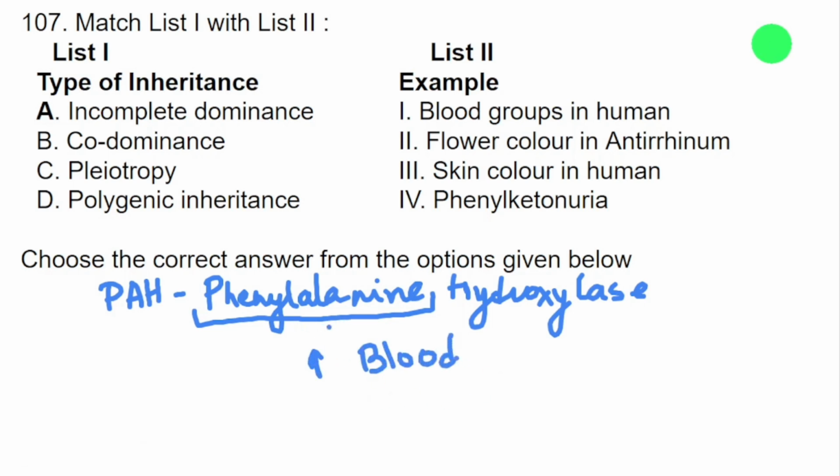And these high levels of phenylalanine are toxic to neurons. So this is going to affect the neuronal health, leading to mental retardation. So this is one phenotype. PAH deficiency causes mental retardation.